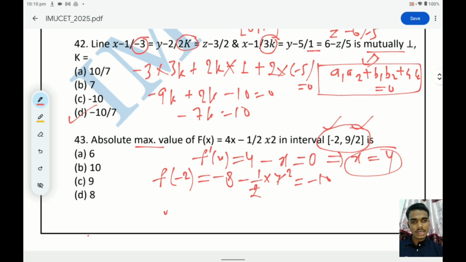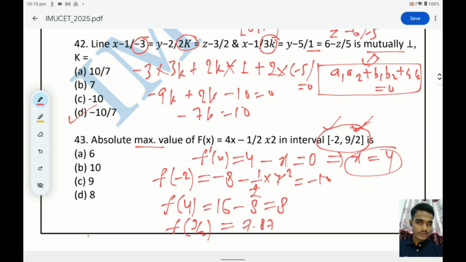And f of 4 will be 4 into 4, that is 16, minus 1 upon 2 into 4 square. 4 square is 16, and that is 8. And for f of 9 upon 2, the approximate value is 7.875. Here the maximum value is 8. Okay, so option D will be the right answer.